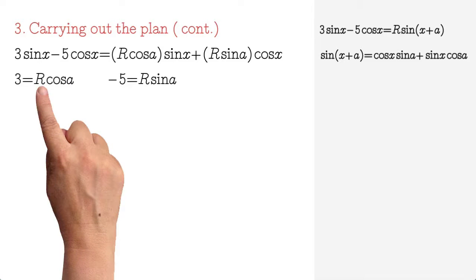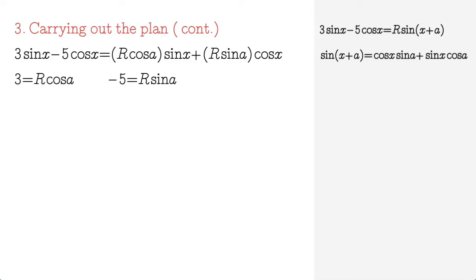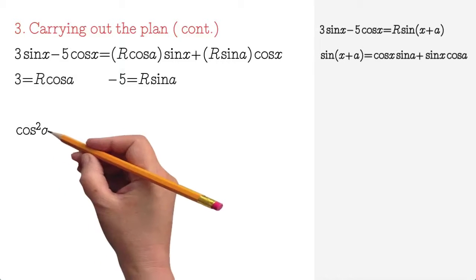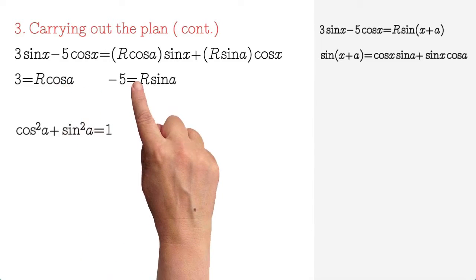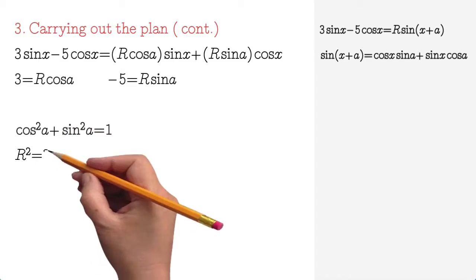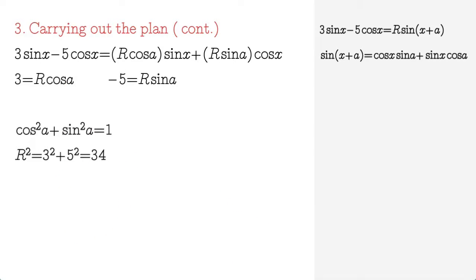Another way is to use a little trick. We all know the following formula: cosine squared plus sine squared equals 1. We can use that to square our two equations and get r squared equals 3 squared plus 5 squared, which is 34.